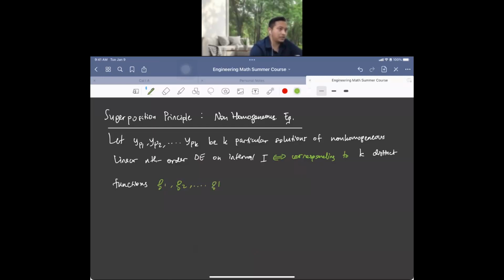Let's say the functions are g1, g2, up until gk.